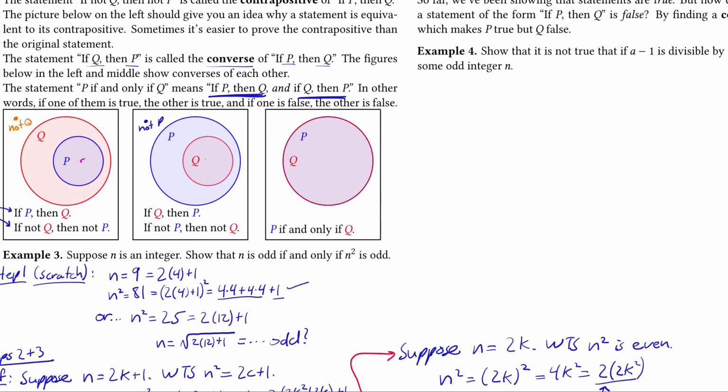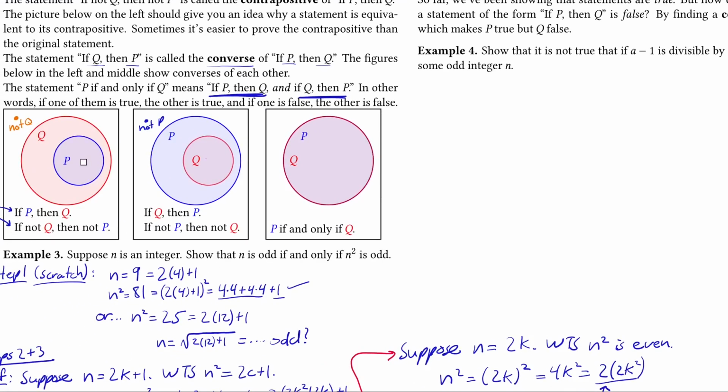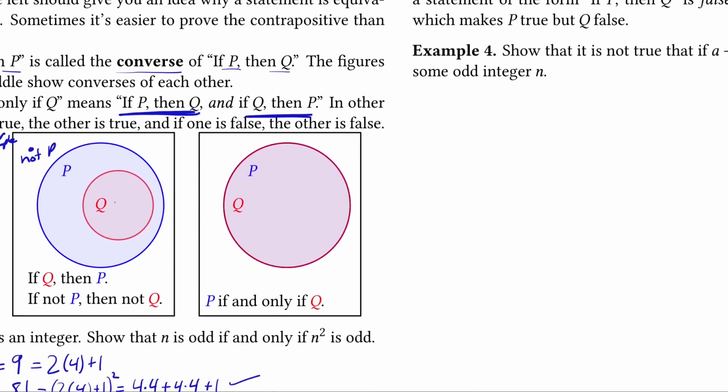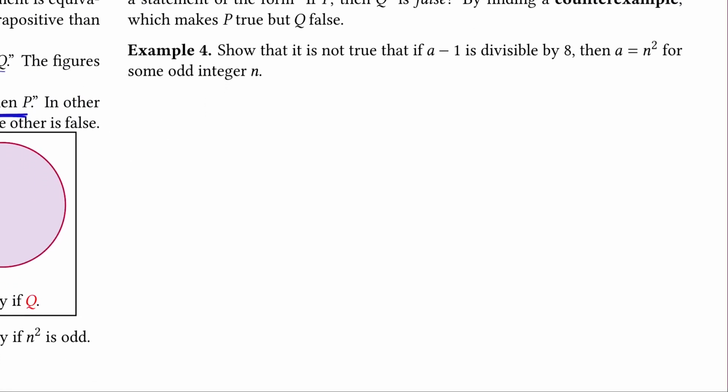So in this Venn diagram, you need to show that this is not the way the Venn diagram is, that there's really some part of P that comes out of Q. That thing there is a counterexample, if it exists.